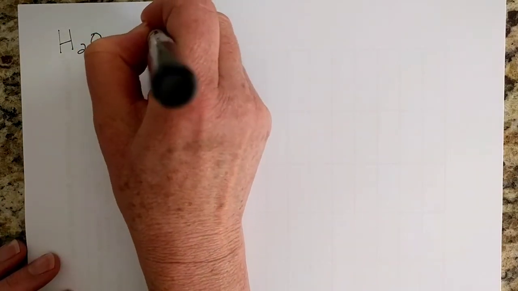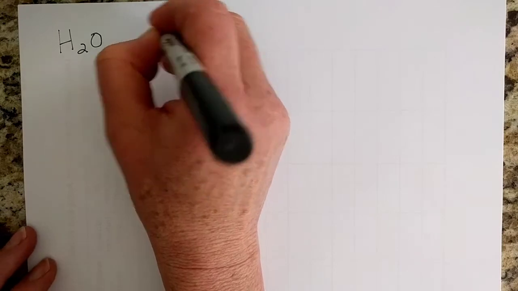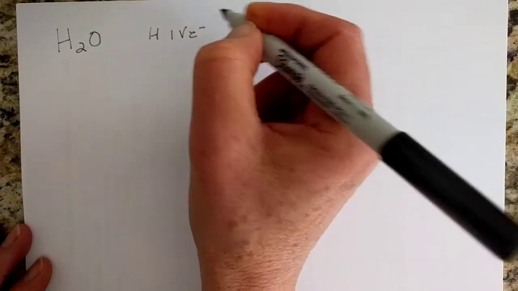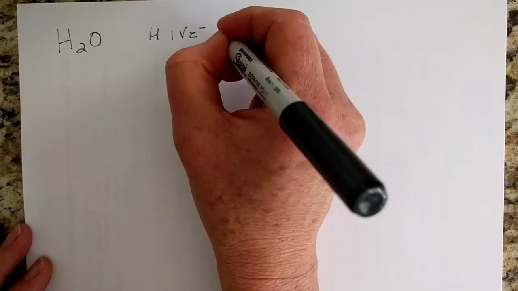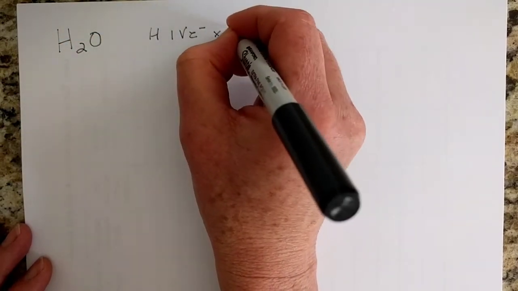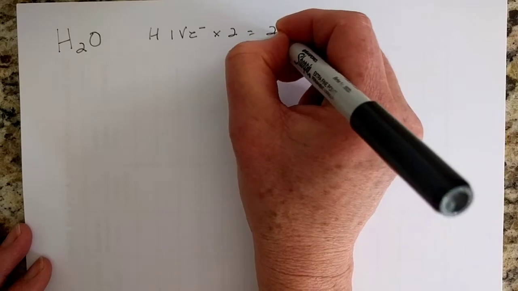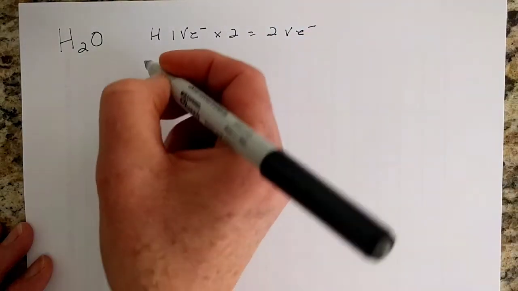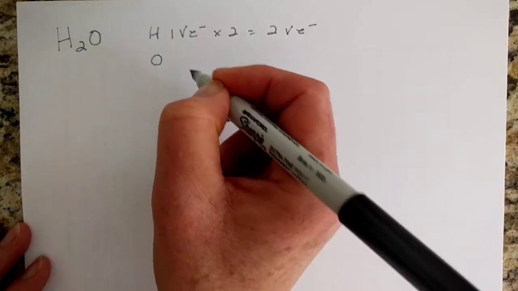So hydrogen has 1 valence electron, and we have 2 hydrogens for a total of 2 valence electrons. Then we have oxygen.